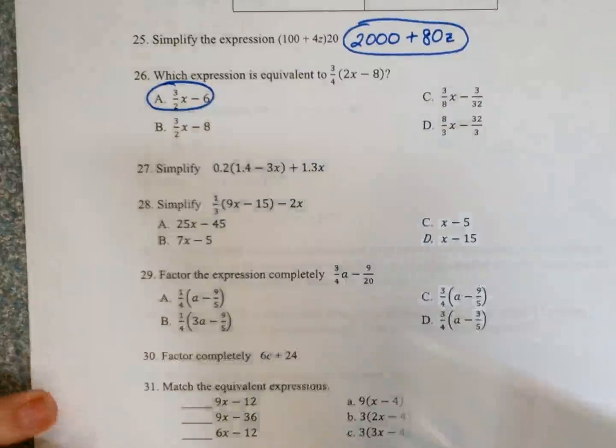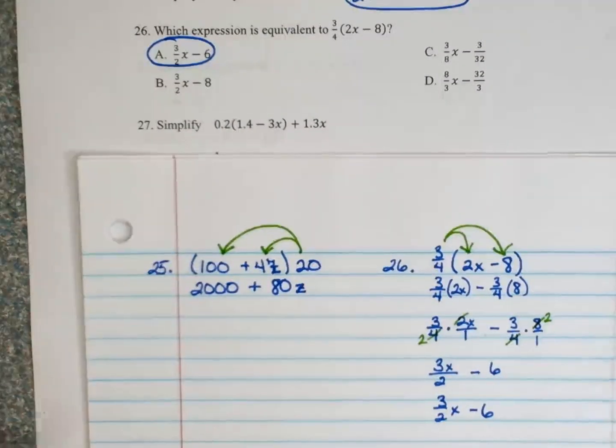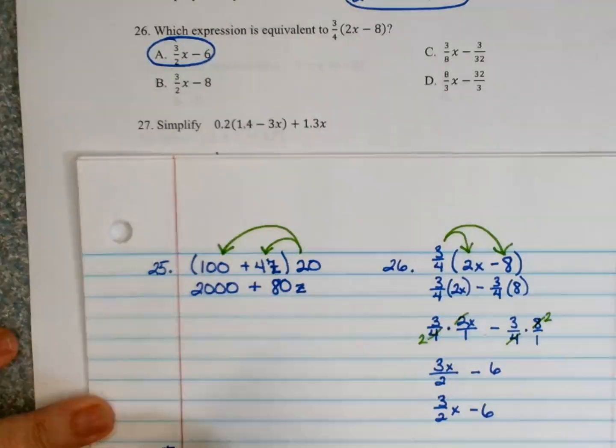All right. Let's look at number 27. 27 is 0.2 times the quantity, 1.4 minus 3x plus 1.3x.